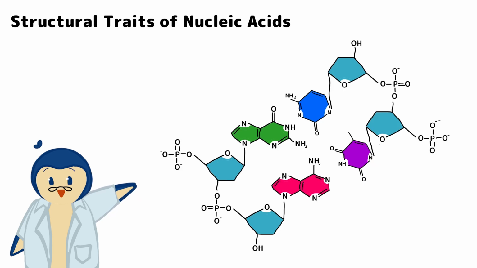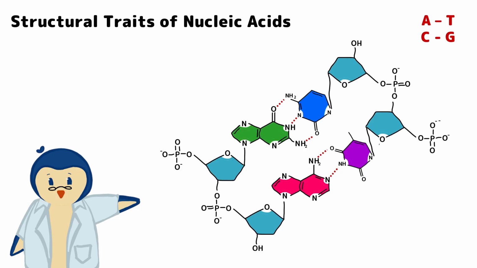Why is that? Because if we look at the picture, as you can see, guanine and cytosine can form 3 hydrogen bonds between them, and the adenine and thymine can actually form 2 hydrogen bonds between them.